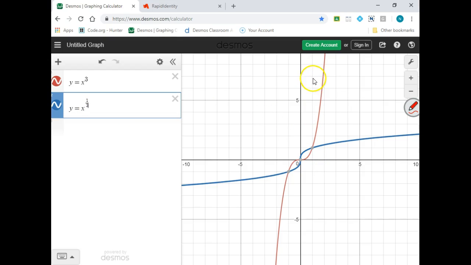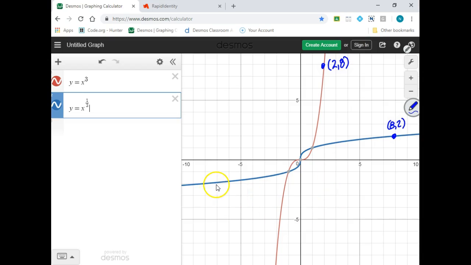But sometimes it's kind of hard for me to think about whether or not this is really reflected over the line y equals x. This is probably not the hardest because it does pass through the axis. But if I find a point that's on the graph, like I know this is the point 2, 8, I could check and see if the point 8, 2 is on the inverse. And that kind of confirms to me, yes, these have been reflected.